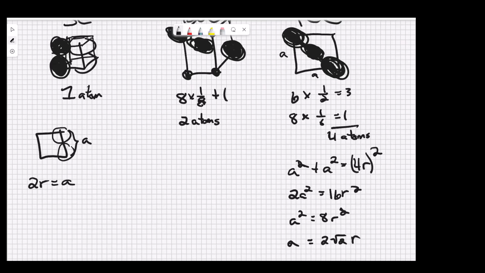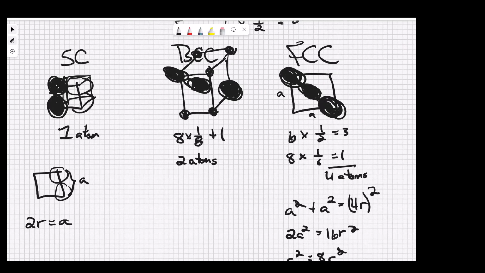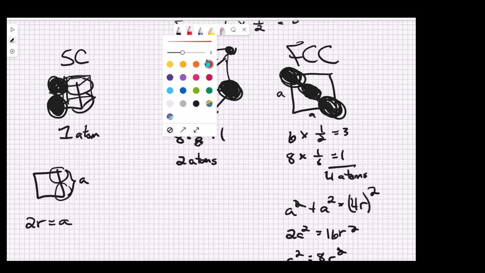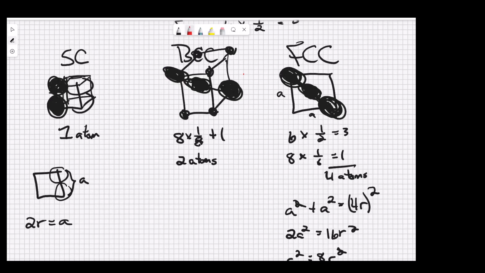The body diagonal is a little more complicated to work out, because now our triangle is the triangle made from this body diagonal here. Let me do it in red. The body diagonal here, the length of the side here, and the face diagonal here.